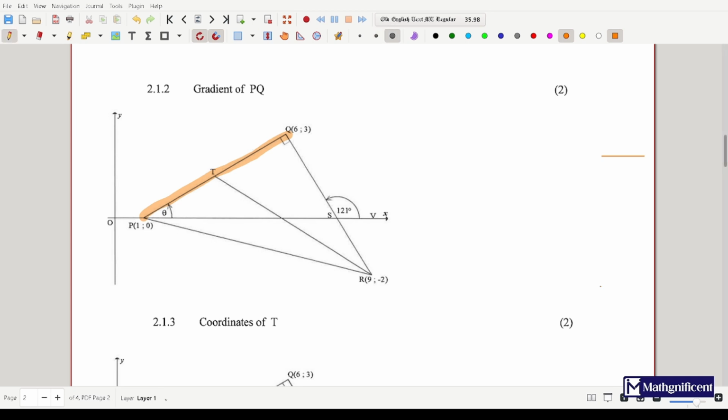So from that, what do we know? We still have the coordinates of P, we still have the coordinates of Q here. We know that we use those coordinates in order for us to determine the gradient.